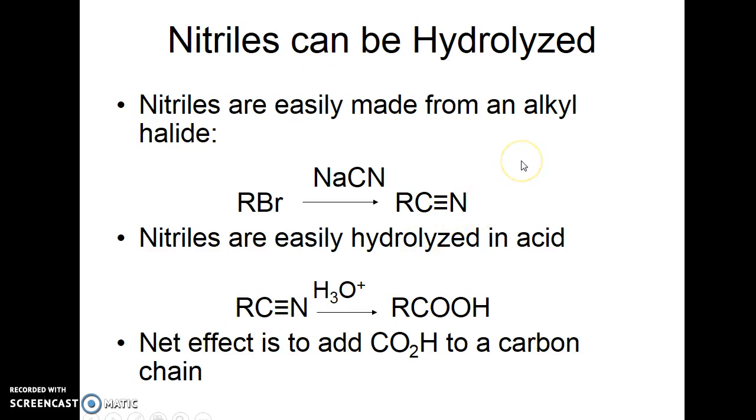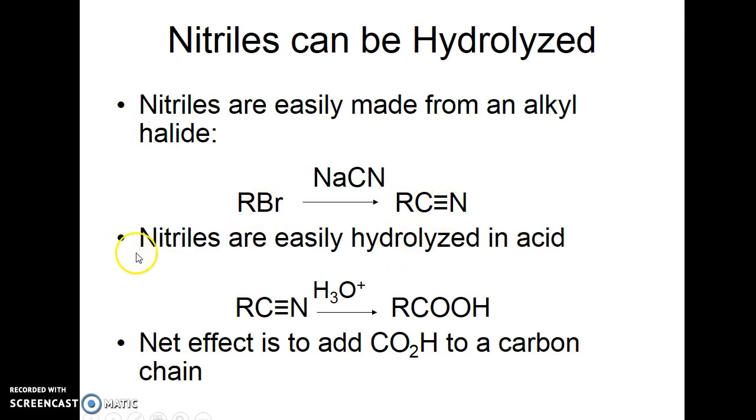We've seen already that nitriles can be hydrolyzed in the previous chapter. But let's look and see how we can make nitriles. In the previous chapter, we added hydrogen cyanide across a carbonyl and made a cyanohydrin. But this you might remember from way back last semester: we can do an SN2 on a primary or secondary halide, and we get a nitrile.